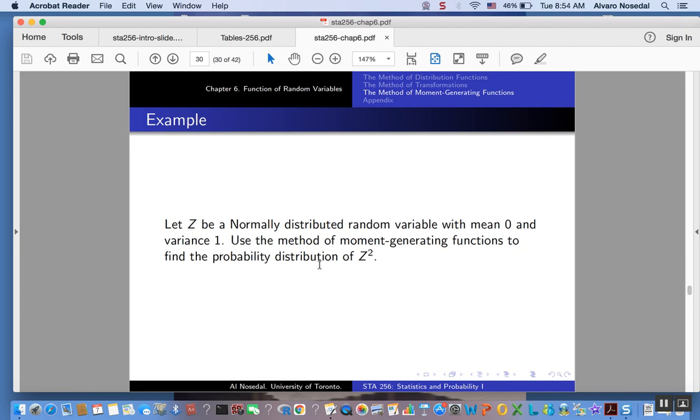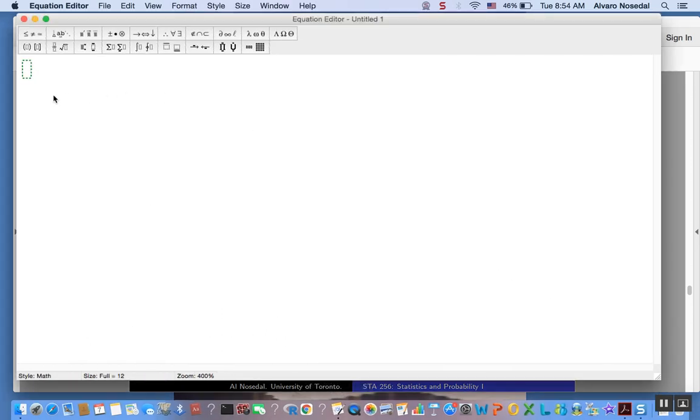So, as we said, main idea, let's compute the MGF of our function of interest. In this case, it's just the square of a normal. Since we're going to be finding the MGF, we're going to start with the definition of MGF. Let me be very explicit about what we're trying to do here.